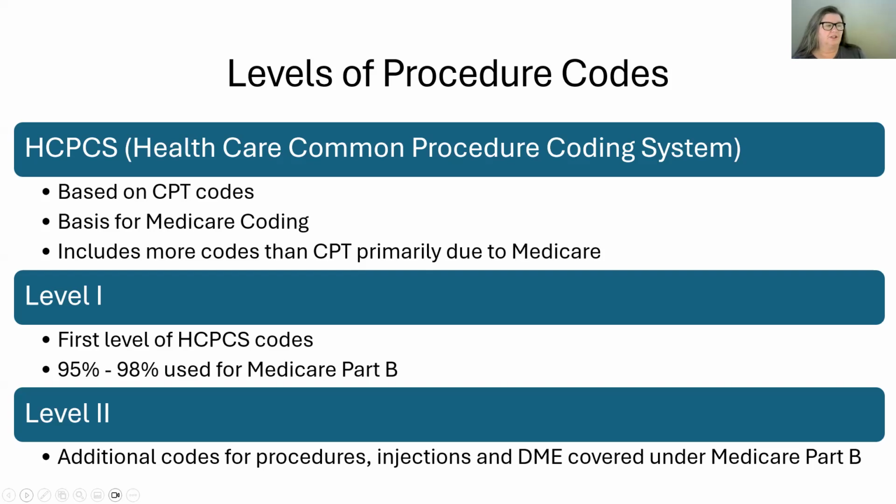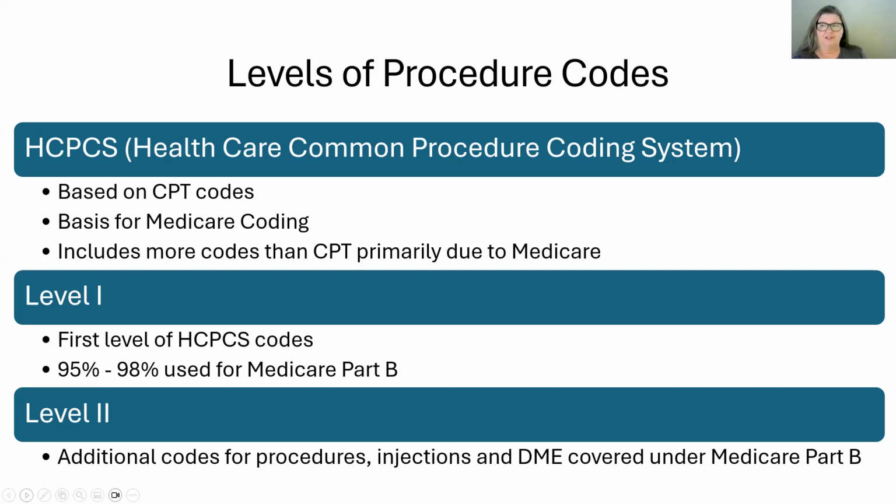Level 1 is the first level of HCPCS codes, and about 95 to 98% of these codes are used for Medicare Part B. When we get into talking about insurances and billing, you will come to know, if you do not already, that Medicare Part B is the part of Medicare that pays for the types of services we are involved in.